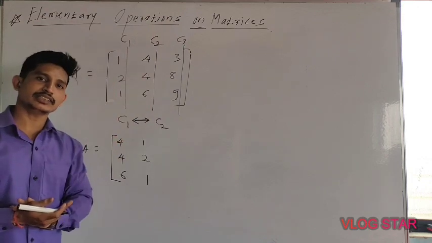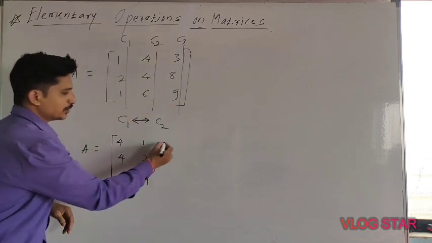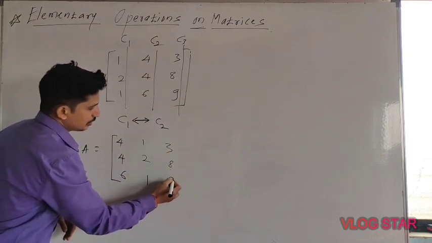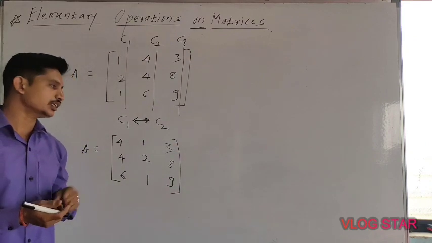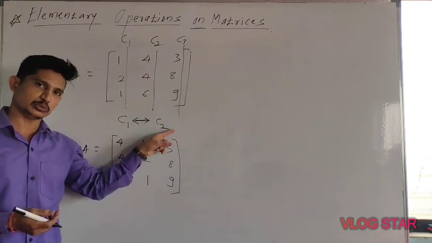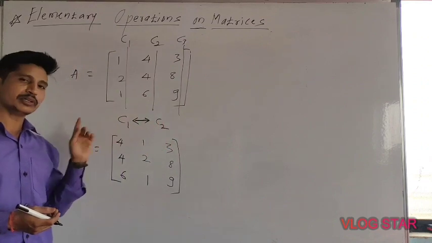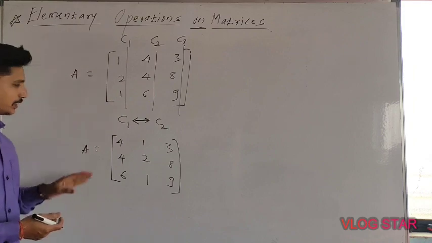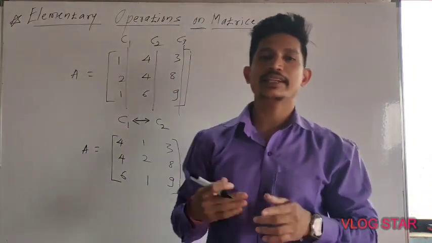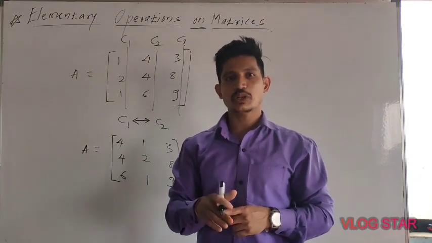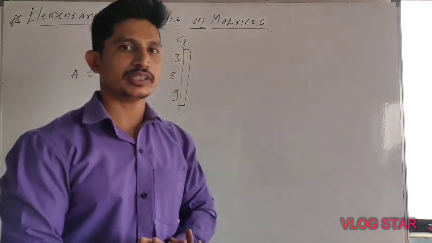Column 3 is not interchanged, that's why 3 8 9 stays in the third column as it is. So I just interchanged column 1 and column 2. This is the first operation: we can interchange any two rows or any two columns of a matrix. So the first operation is over.